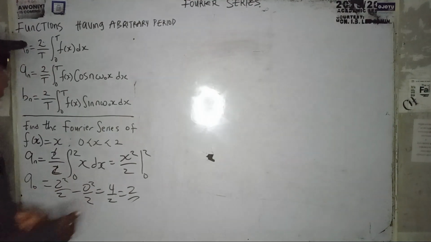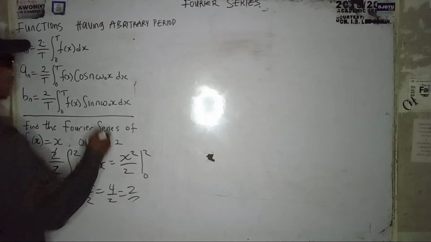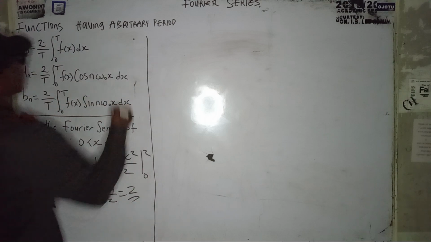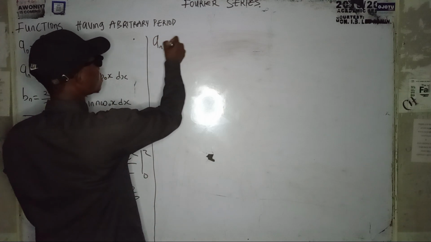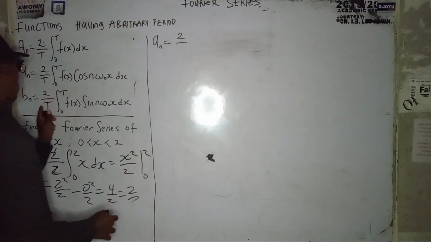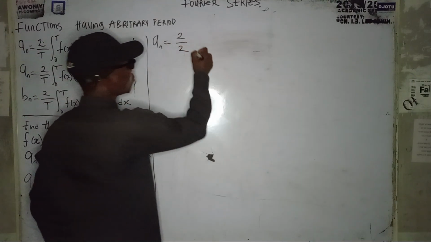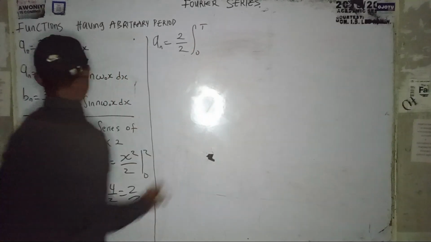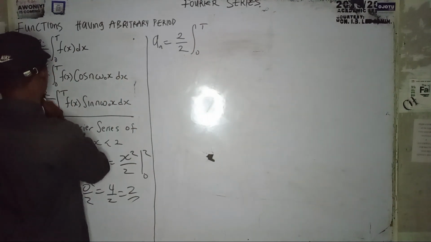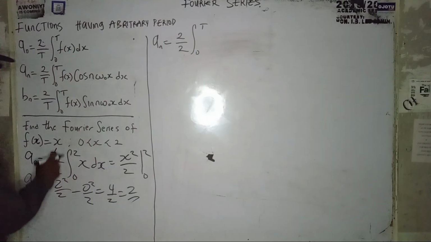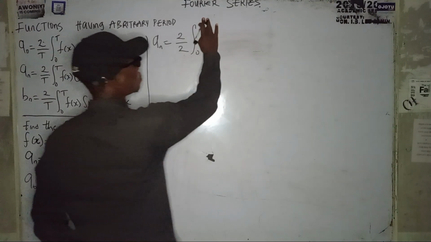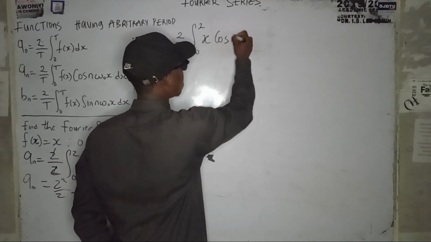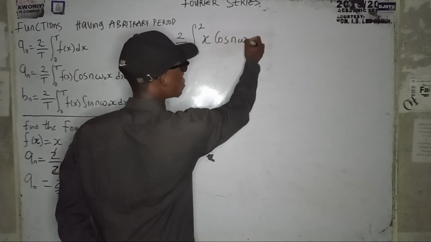Now moving on, we have to get our value of a n. Our a n equals 2 over our period T, which is 2, times the integral from 0 to 2 of f of x, which is x, times cos n omega x.